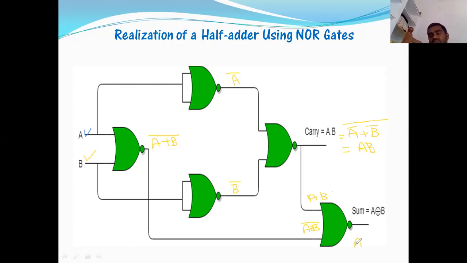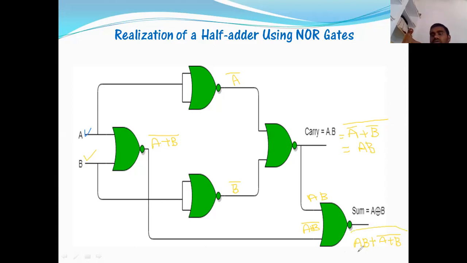So after this, we are getting AB plus A bar B bar, that is A plus B whole bar.